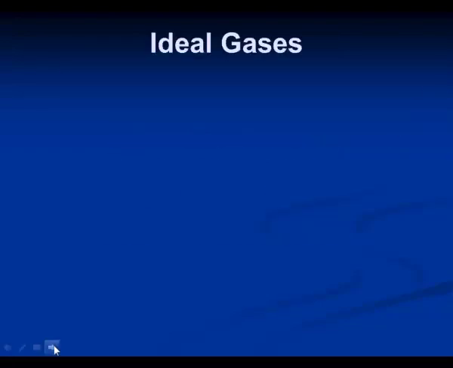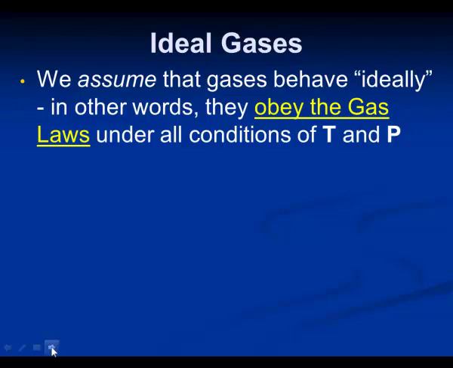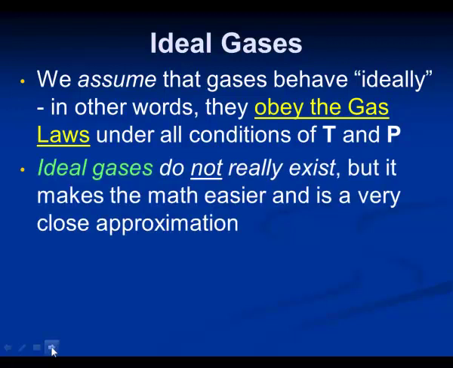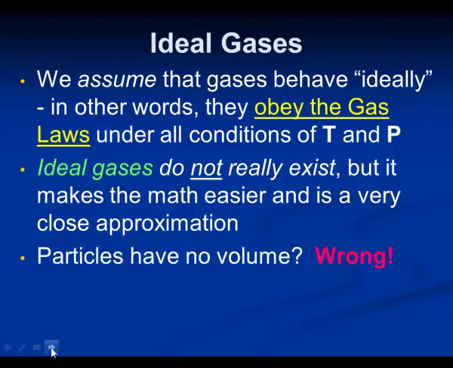The last idea is real gases versus ideal gases. This is a lot to do about really a small idea, but it's an important idea. The ideal gas laws and the gas laws that we've already covered, Boyle's law and Charles's law, etc., are all assuming that gases behave the way we say that gases behave.